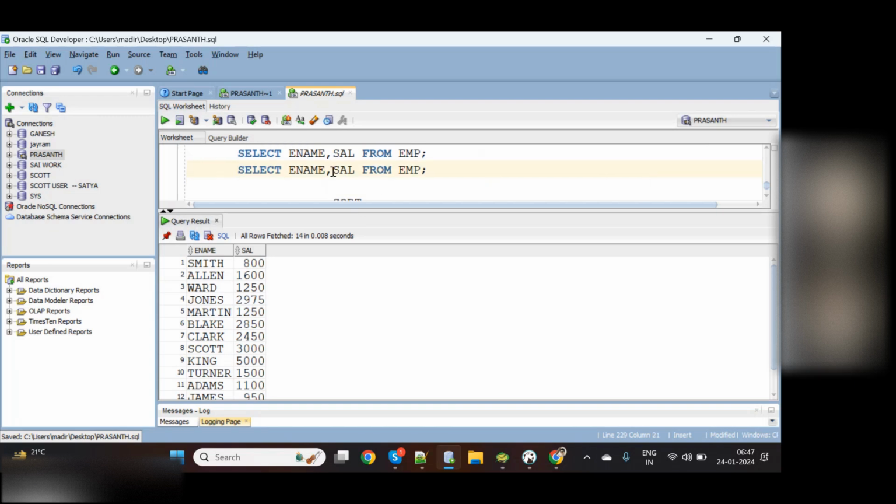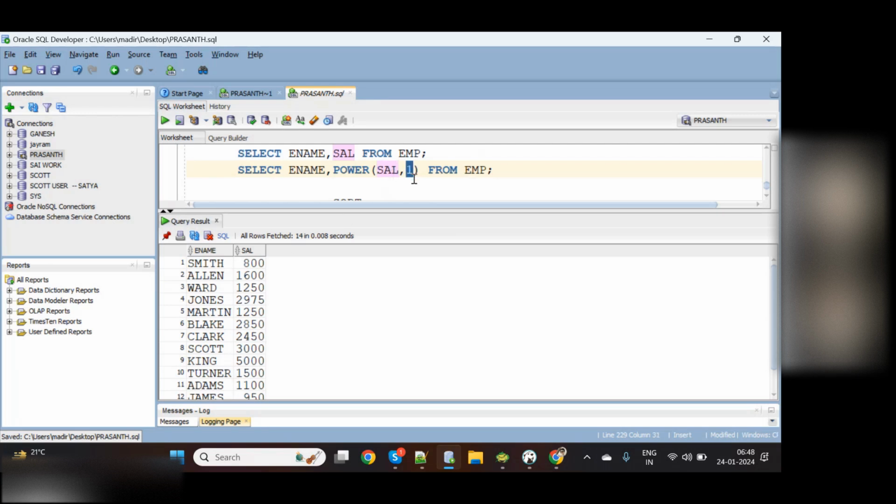Now I am simply applying the power function on this. This is not the correct usage, but in order to show you what a single row function is, I use power of sal comma 1. In power, the first argument is the number and the second argument is the power of the number.